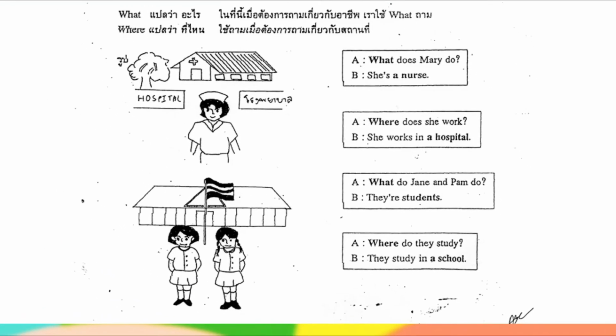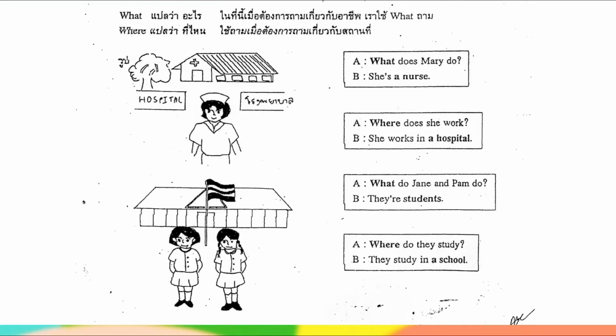Okay, take a look at this part. It's about how to ask and answer that I've taught you before, but you can ask like this. What does Mary do? She's a nurse. Where does he work? He works in a hospital. Where do?